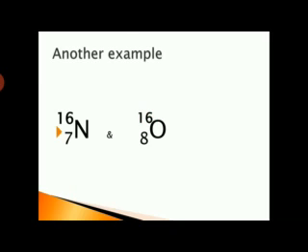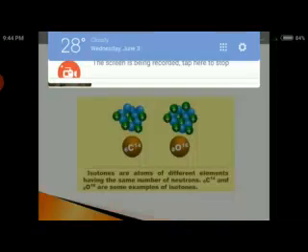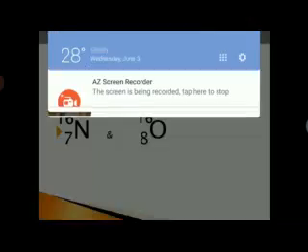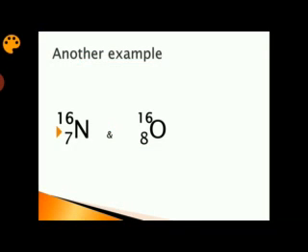If we look at 7N16 and 8O16, then they also will be isobars. How many protons are there in a 7N16 nucleus? 7 protons are there.